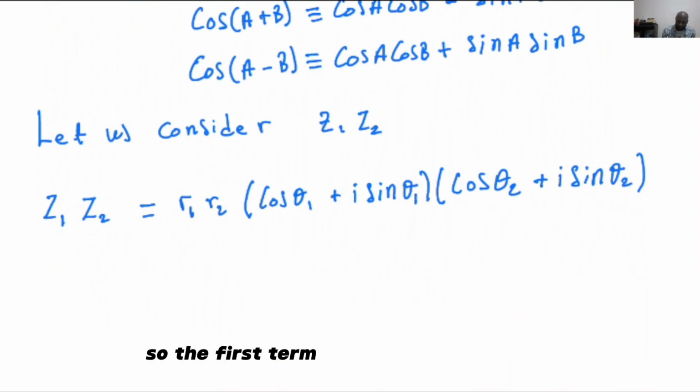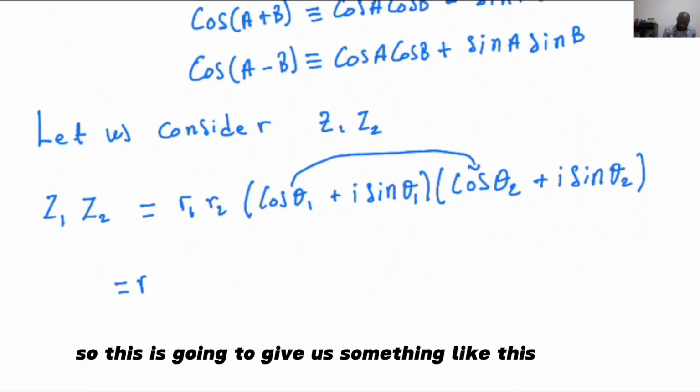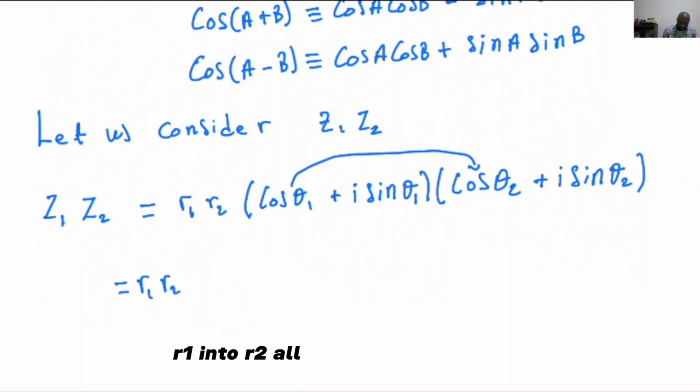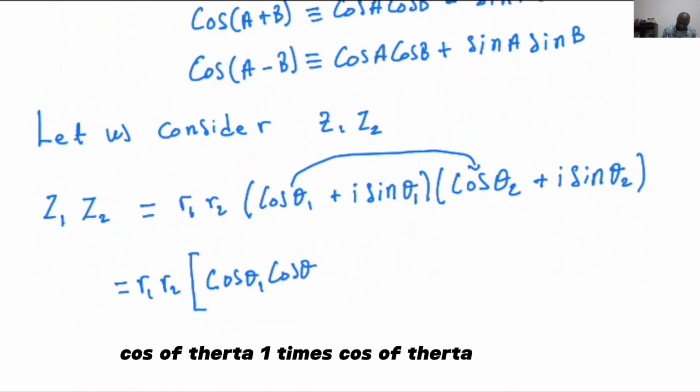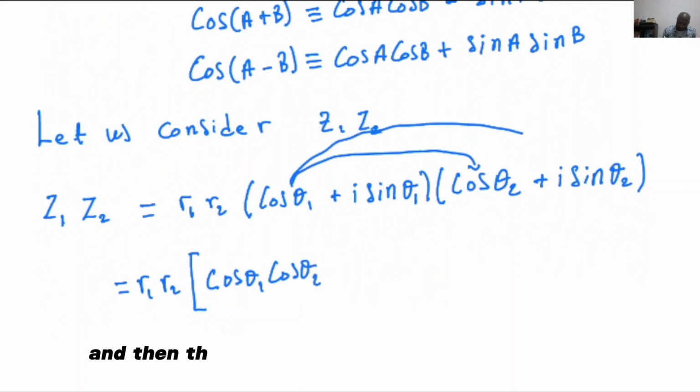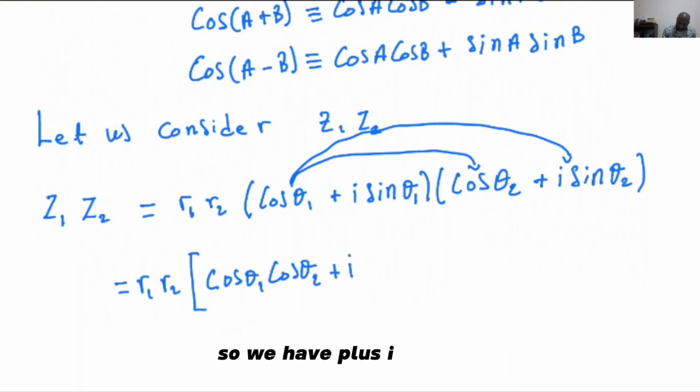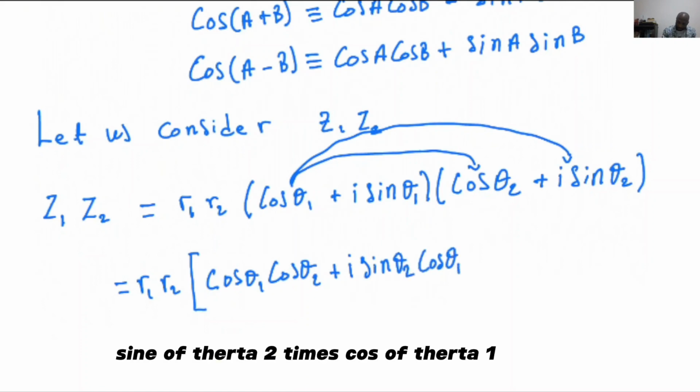So the first term is cos of theta 1 multiplied by the first term in the second bracket. So this is going to give us r1 into r2, all of this into cos of theta 1 times cos of theta 2. And then this term multiplied by this term, so we have plus i sine of theta 2 times cos of theta 1.